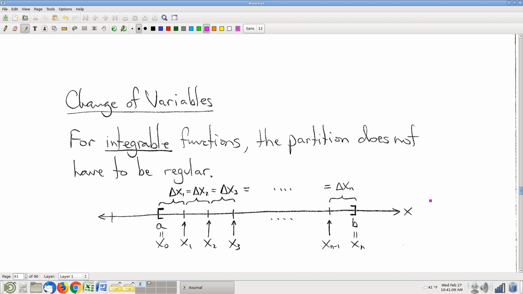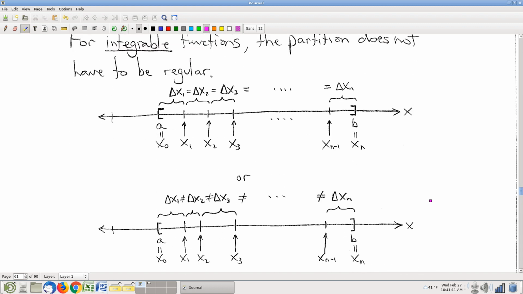That said, I do want to recognize that it really does not matter. It is also true that if you were to take this interval and chop it up in an irregular way, if you were to make some of these pieces clearly bigger, some pieces clearly smaller, et cetera, and as long as you keep slicing, so that in the limit the size of the largest piece approaches 0.